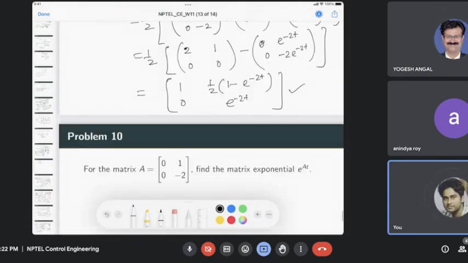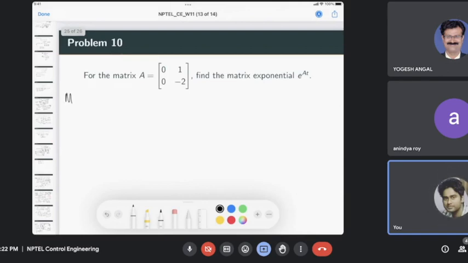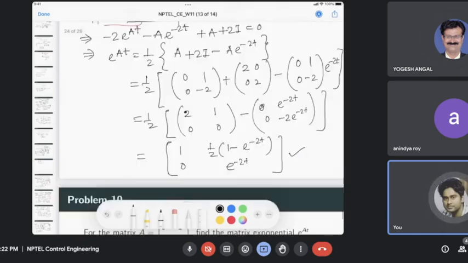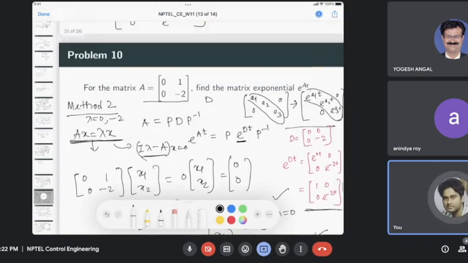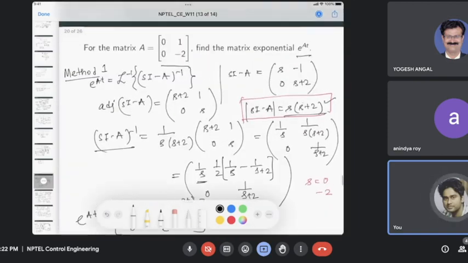Okay, so the last method will be method 4. We already computed in method 1 that the determinant of sI minus A is in the denominator because of this inverse.